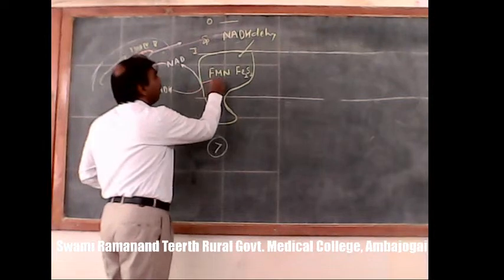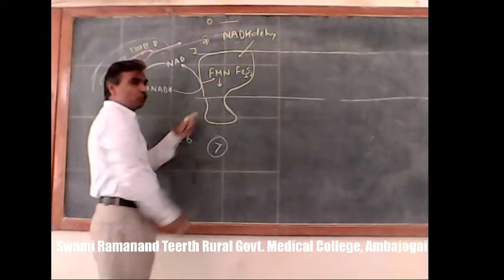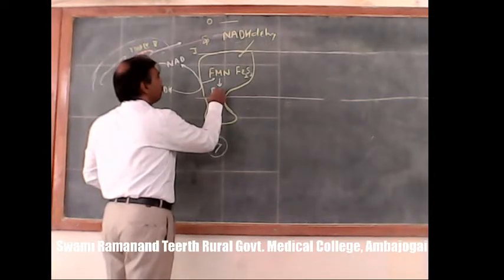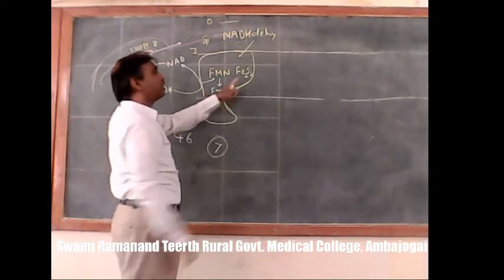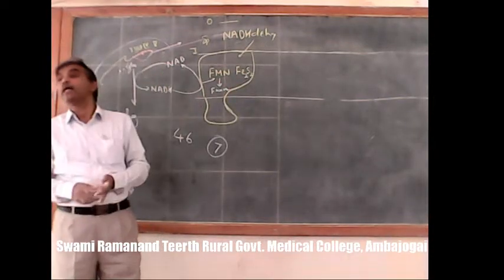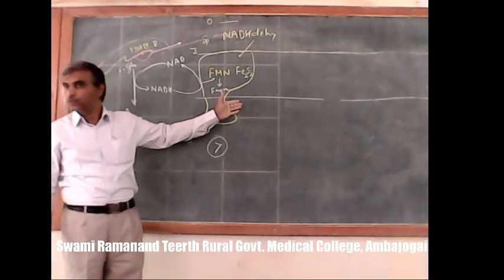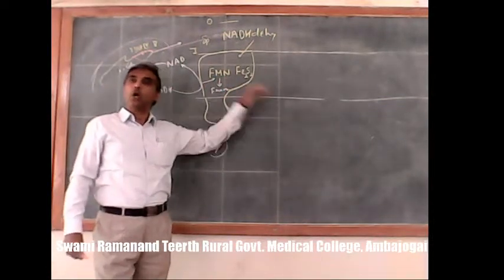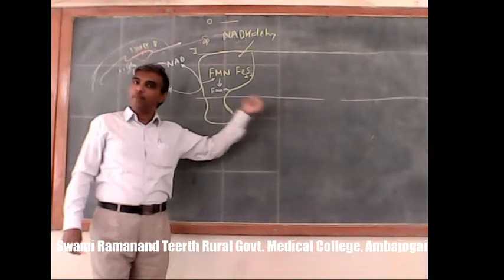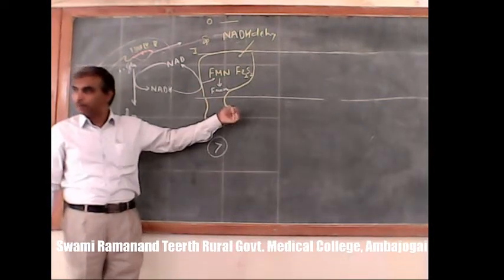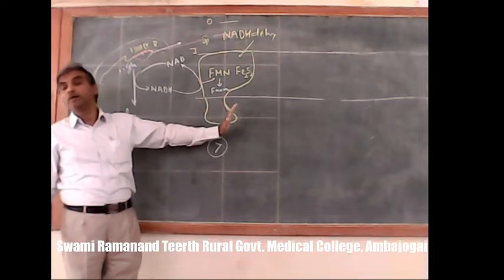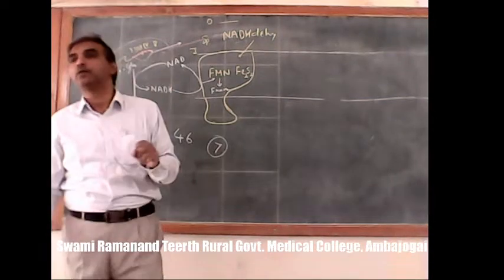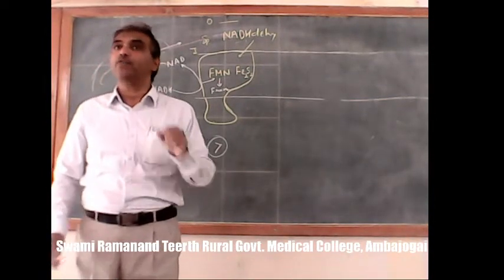This FMN is converted into FMNH2. Iron sulfur centers also help in the electron transport. Now, while transporting, there is a drop in the redox potential from NADH to complex 1, which is FMN. There is a slight drop in the redox potential. Now this is used to do work. Which type of work?